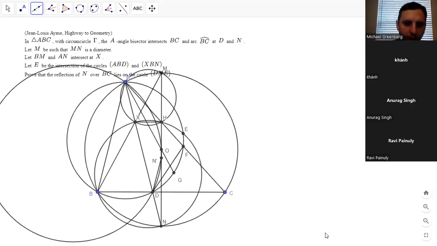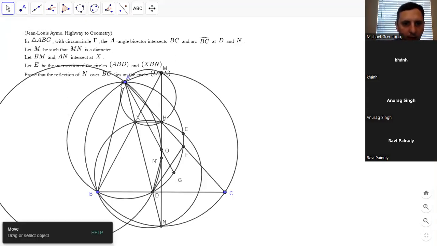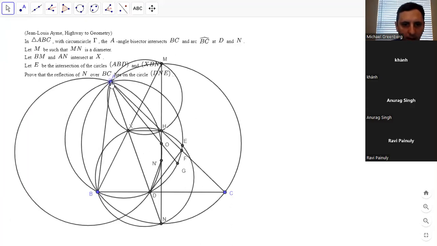And I wonder if AG is an angle bisector of DAF. I don't think it is, but yeah, no, it's not.